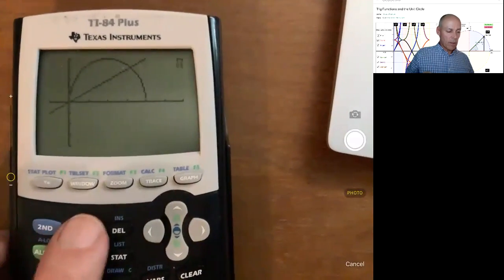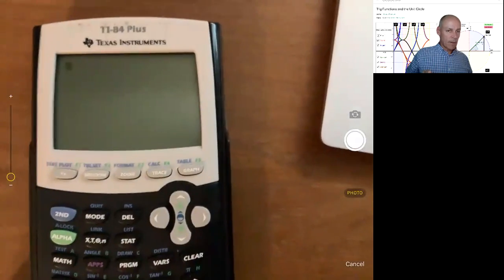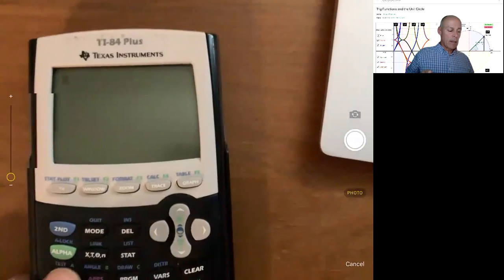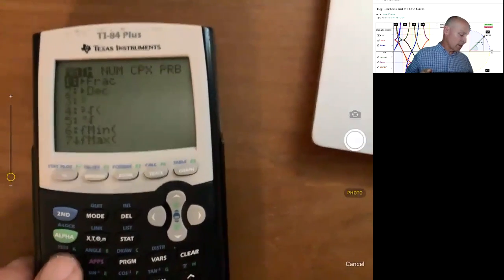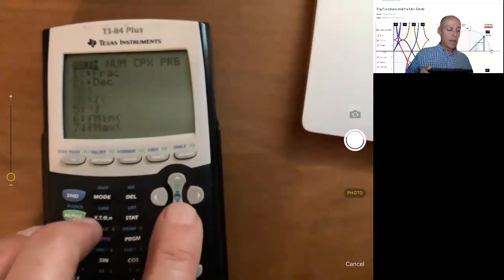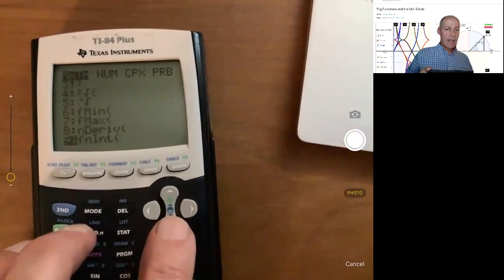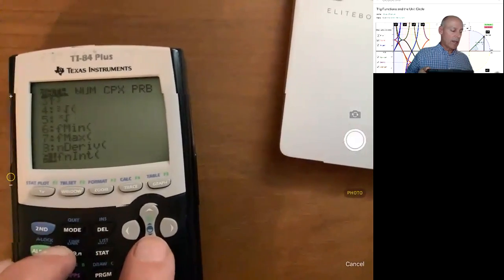So second quit, clear my home screen. Okay, and then what I want to do is go to math, which is right below the alpha key, and select option 9. Just arrow down. That's FNINT. Okay, and that's going to be my integral.